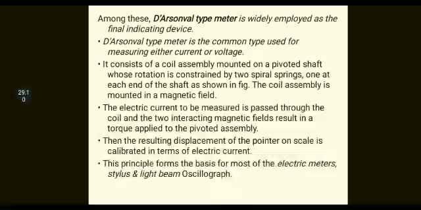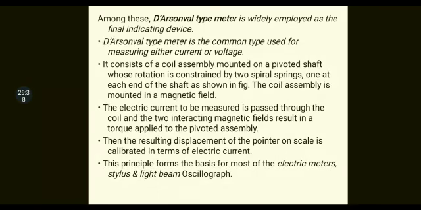This torque is applied to the pivoted shaft assembly. The shaft is connected with a pointer, and the pointer is put against a calibrated scale. The resulting displacement of the pointer on the scale is calibrated in terms of electric current.